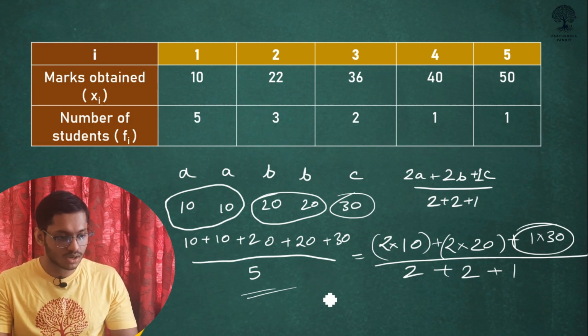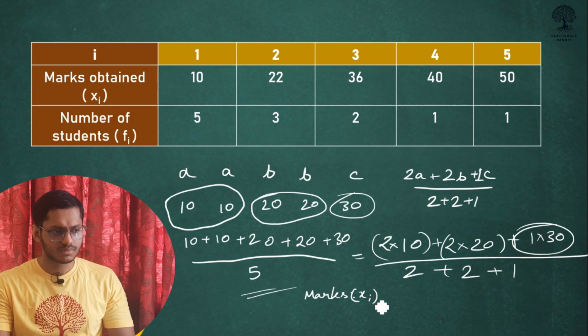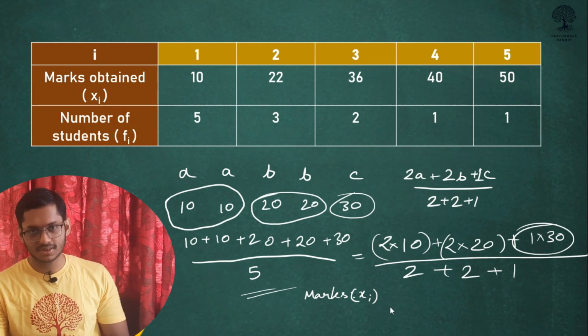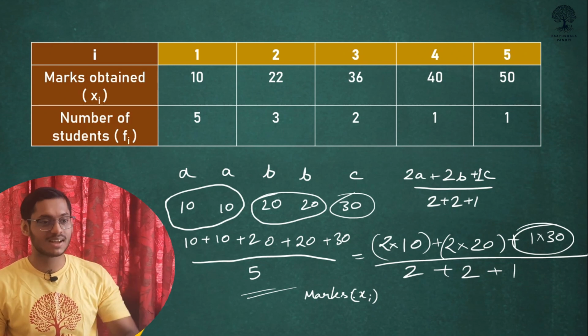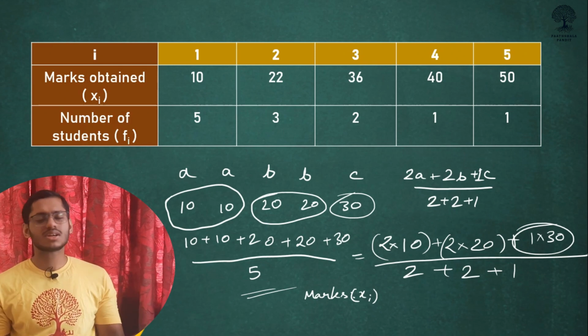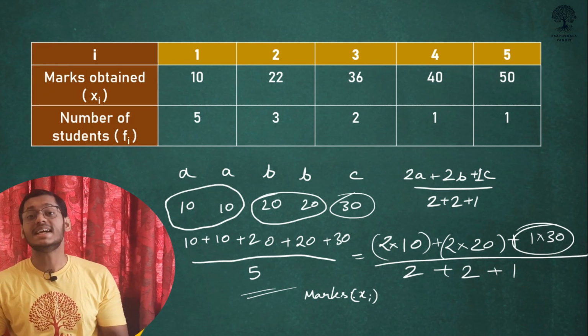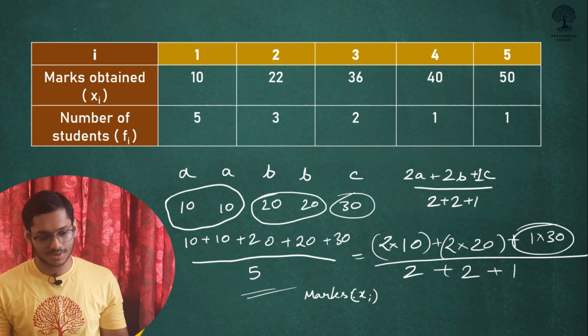It is somewhat like this: marks obtained, marks is xi. What is i? i is just an index. Index means just a number, like those roll numbers 1, 2, 3, 4, 5, 6, 7 that you see. Those you may say are the index. Don't worry too much about it.